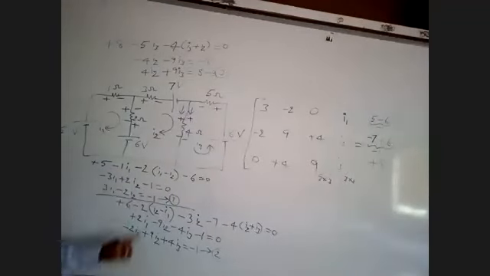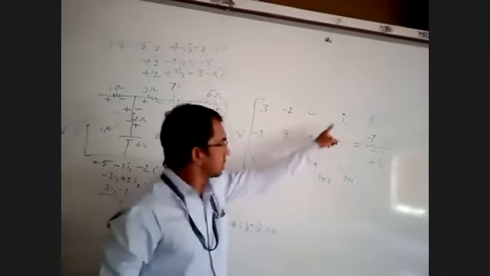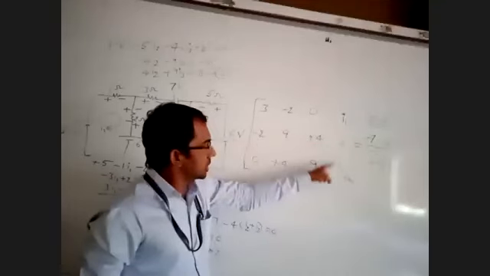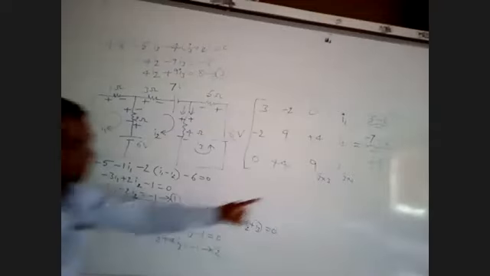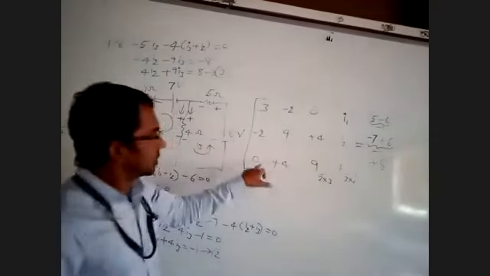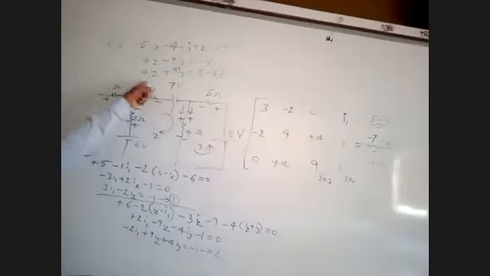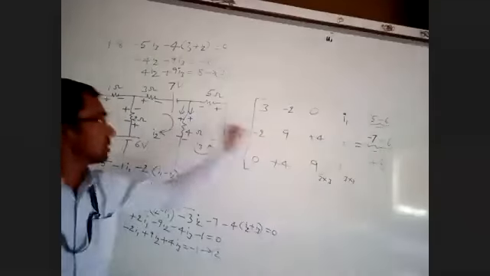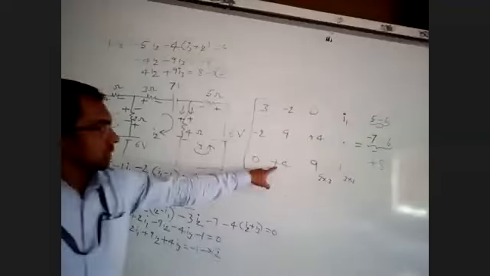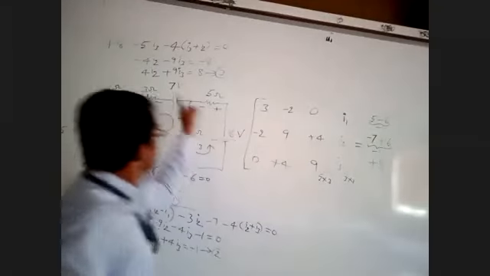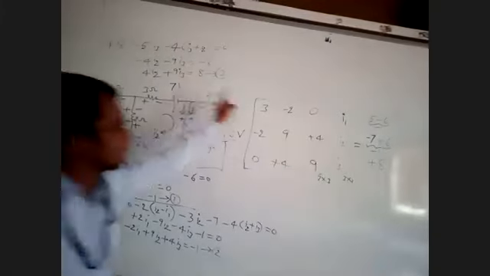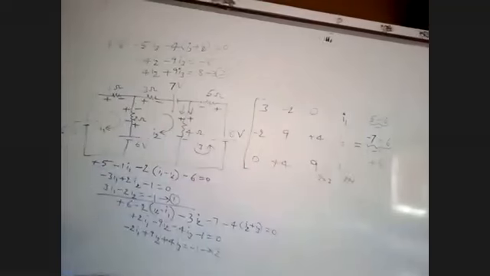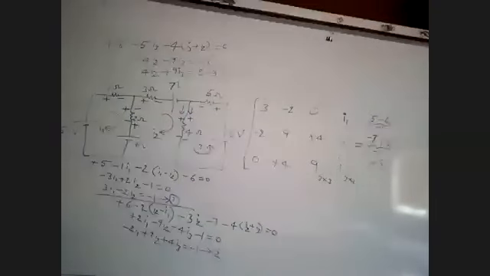See the second equation: minus 2I1 plus 9I2 plus 4I3 is equal to minus 1. Third equation, there is no I1. It is 0 into I1 plus 4 into I2 plus 9 into I3 is equal to 8. So our loop equations are correct. Now we can determine I1, I2, I3.